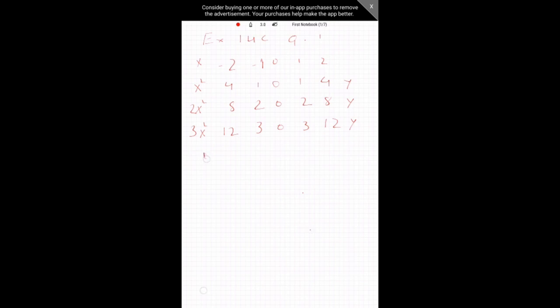Now I am going to draw the line for x-axis and y-axis. First I will draw the line in the center for the y-axis.